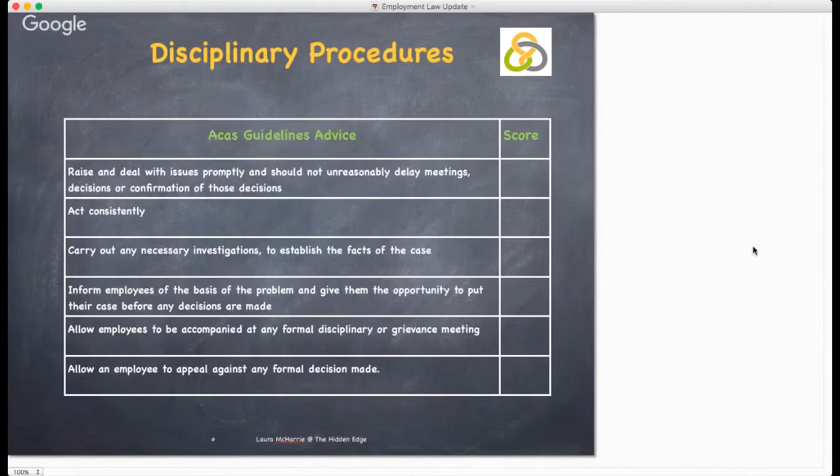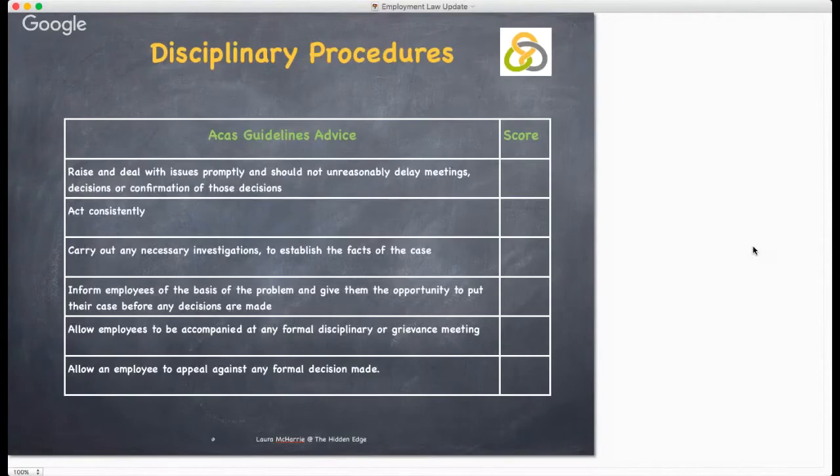You should inform employees of the basis of the problem and give them the opportunity to put their case before any decisions are made. You should allow employees to be accompanied at any formal disciplinary or grievance meeting. And you should allow an employee to appeal against any formal decision made.